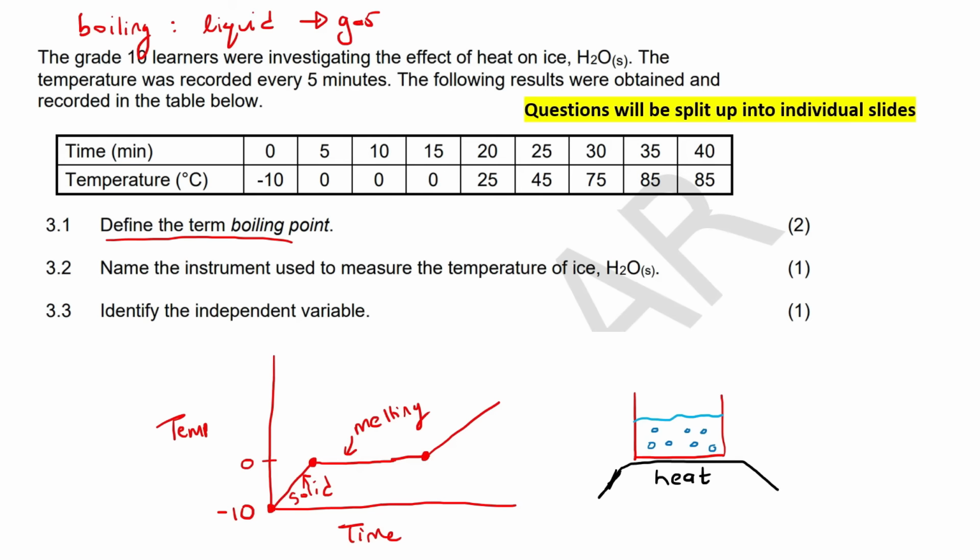You would notice that in summer, if you don't have a cover over your swimming pool, the level would eventually drop over a couple of days. Why? There's no boiling happening. Boiling only happens for water at about 100 degrees. But what's happening is the process of evaporation, which is also going from a liquid to a gas, but it's different to boiling, okay?